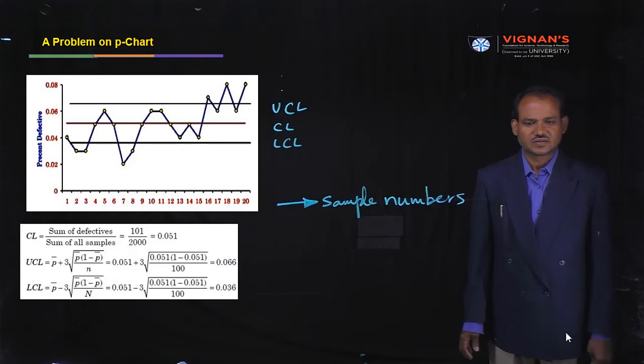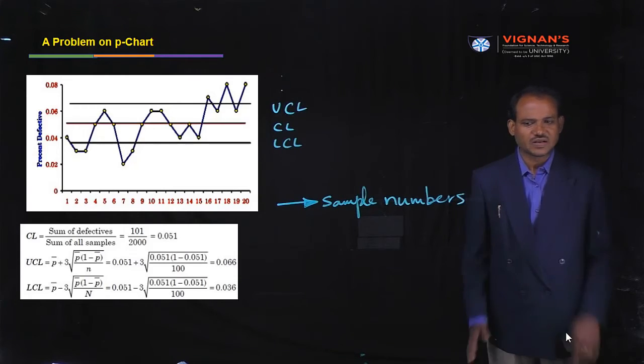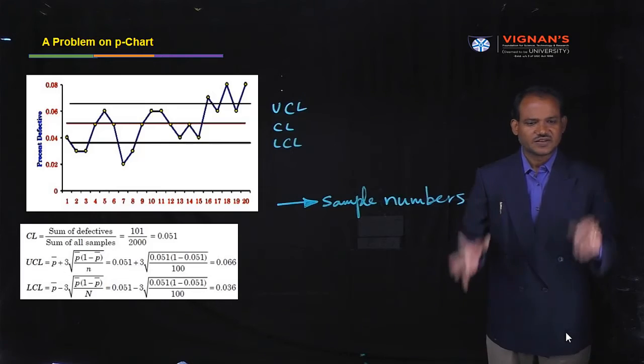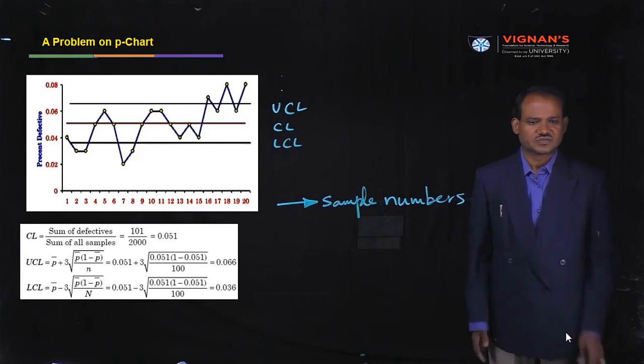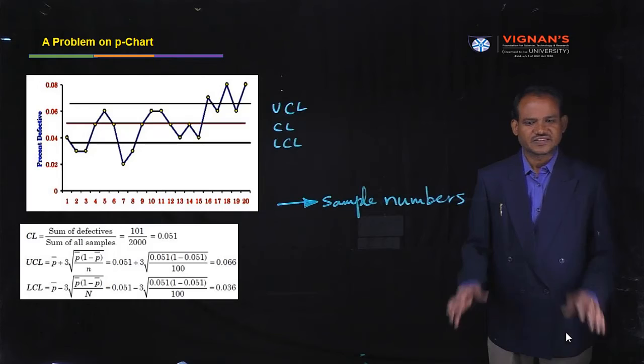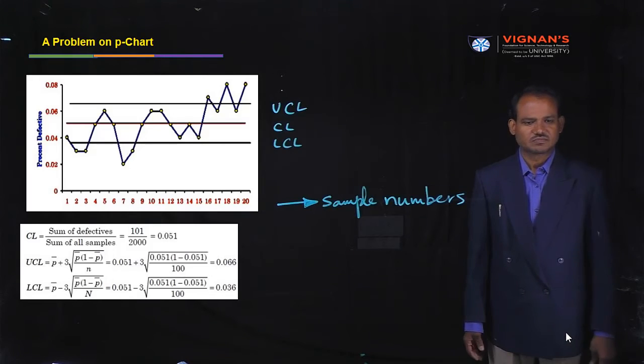Next, for each sample, mark the fraction of defectives. Finally, you can join all those fraction defectives by a straight line.